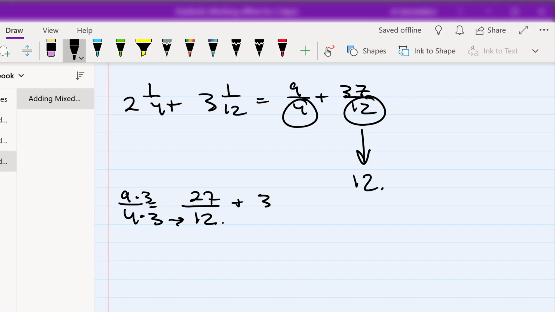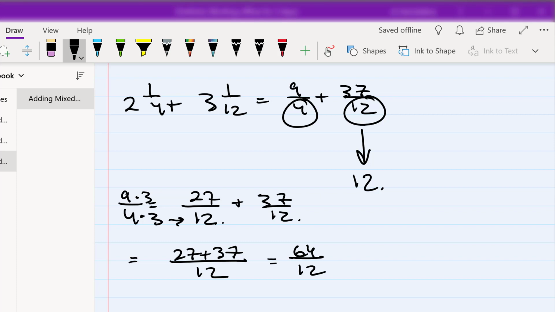Now we can add that to 37 over 12. Again, to do that, we write our denominator 12, and we write our two numerators 27 plus 37. And we observe that 27 plus 37 is 64 over 12.